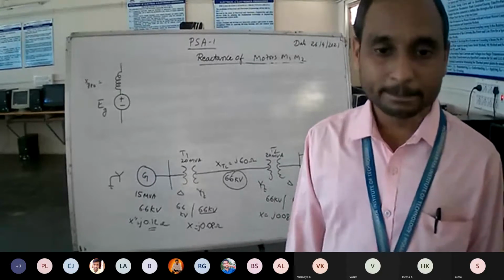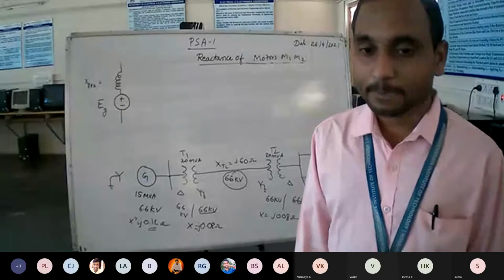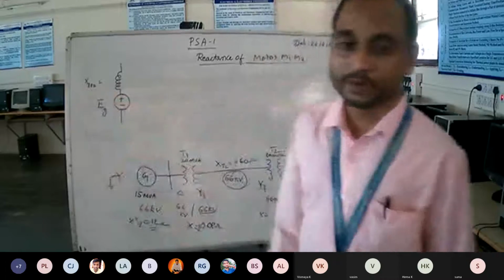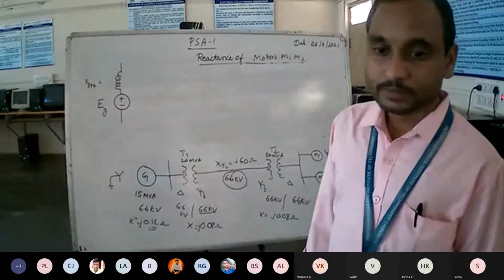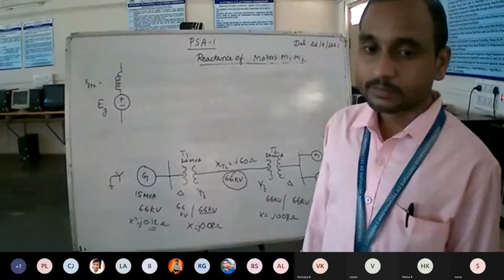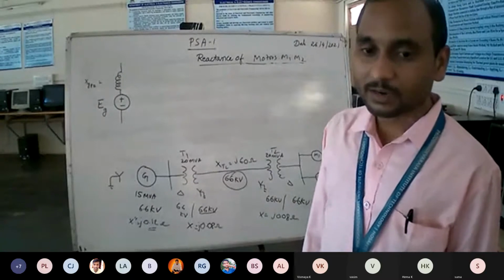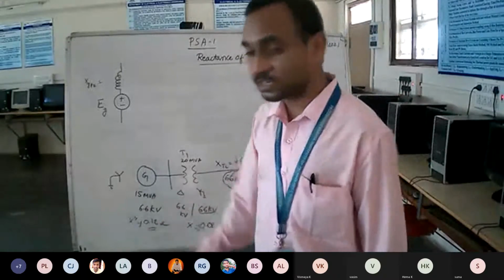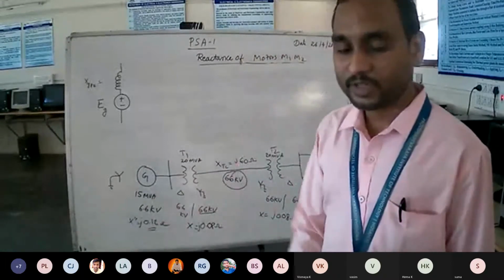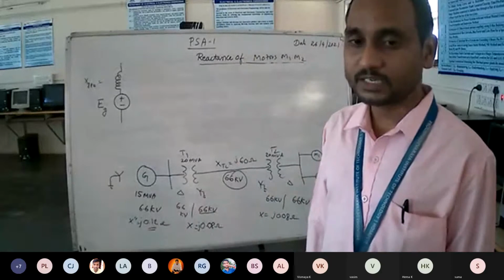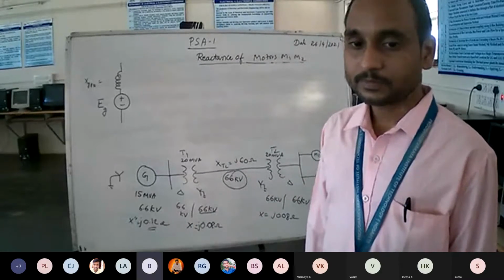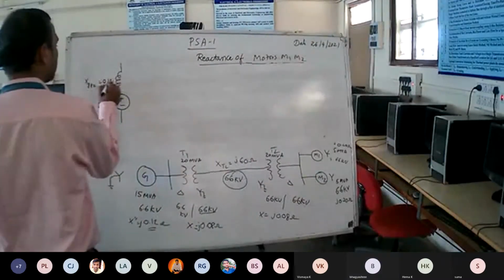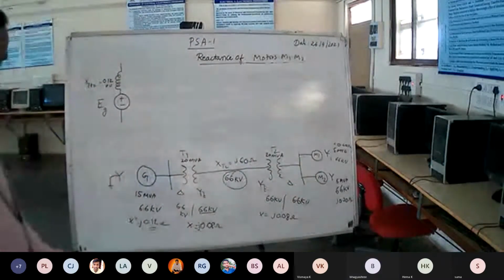Is it correct? Bhagyashri, what is Xg per unit? Are you following or not? Now, what is the value of Xg per unit for the generator? Check it. It is 0.12 per unit. So the generator is over.